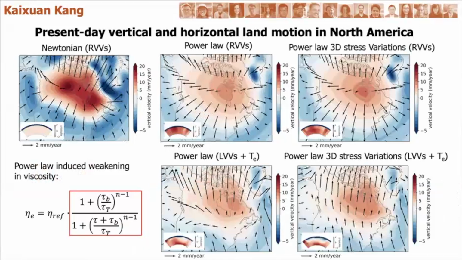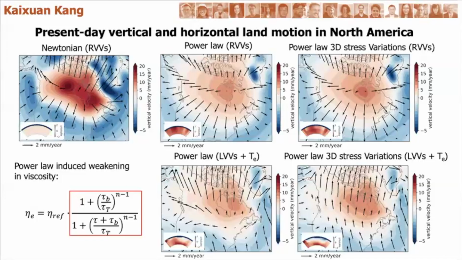And besides the lateral variation in viscosity, we also consider the non-Newtonian rheology. Here I gave an example: when we introduced this non-Newtonian rheology, the factor I introduced can affect the effective viscosity.